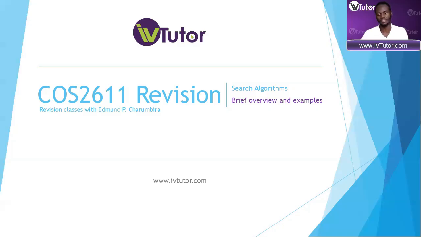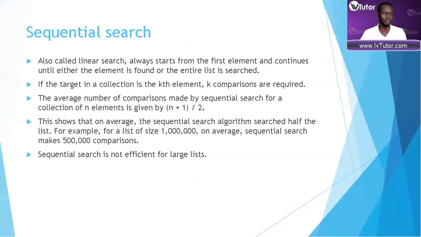We want to look at search algorithms today, and we have two types of algorithms that we're going to look at. The first one is sequential search, and the other one is binary search. The sequential search algorithm is very simple because you are just searching from start to end.